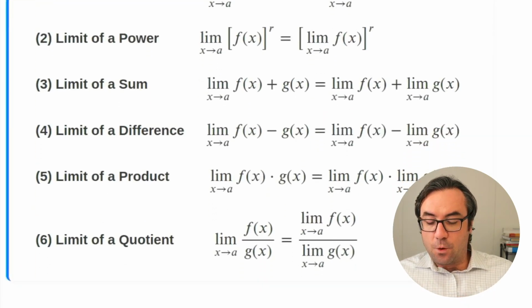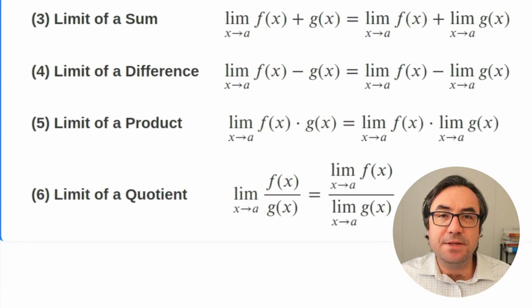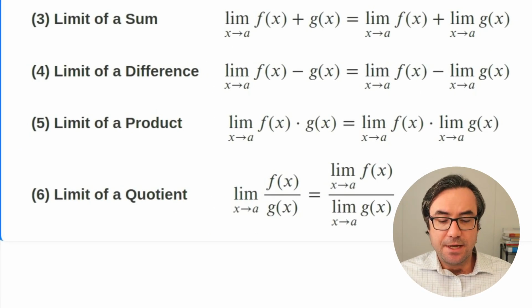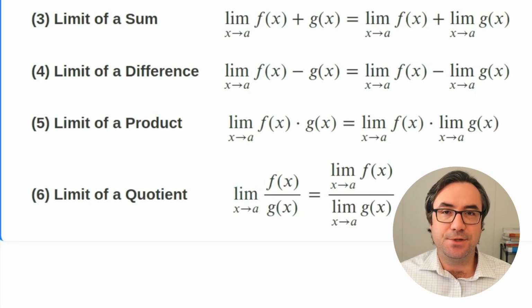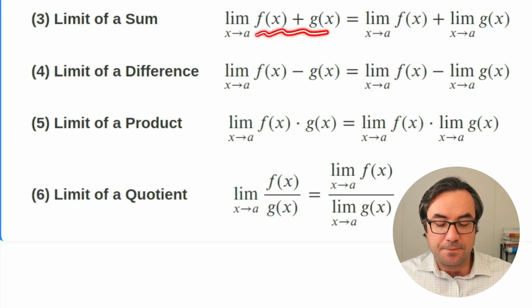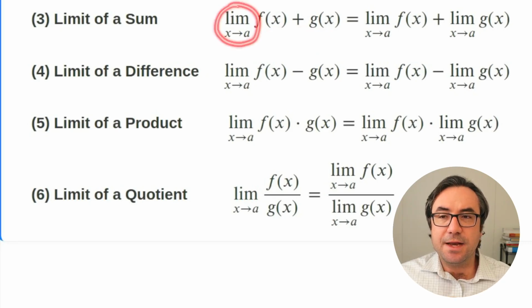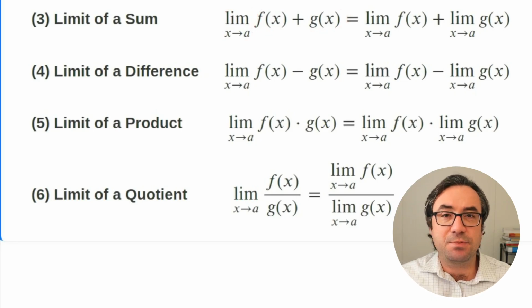The last four here tell us what happens if we have addition, subtraction, multiplication, and division. And it turns out limits work really nicely with these algebraic operations. For the first one here, if we're calculating the limit as x approaches a of this whole big function, f of x plus g of x, what this limit law tells us is we can split up the limit.